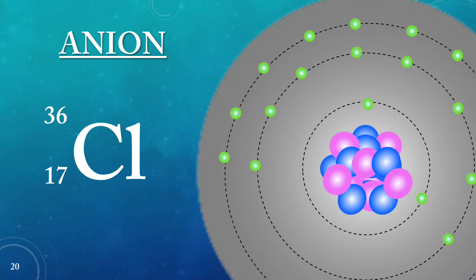Now, this is not happy. It needs to have 8 on its third energy level. So what happens? We add 1 back in, and we then become an ion. And now, if we count, we have 8 electrons on the outer ring of chlorine. That then makes us a happy atom.